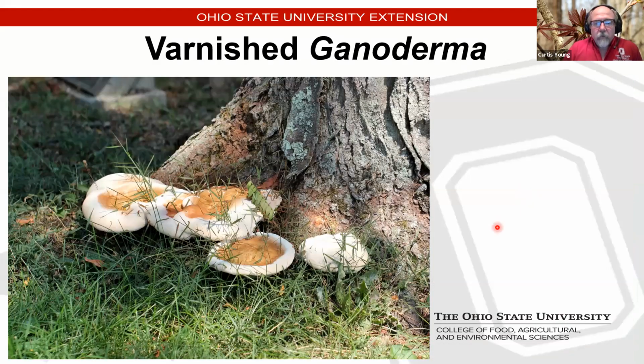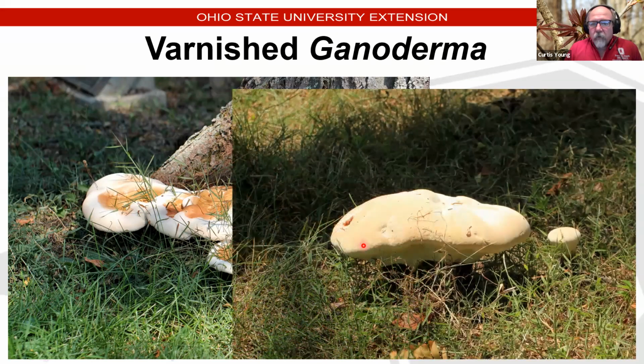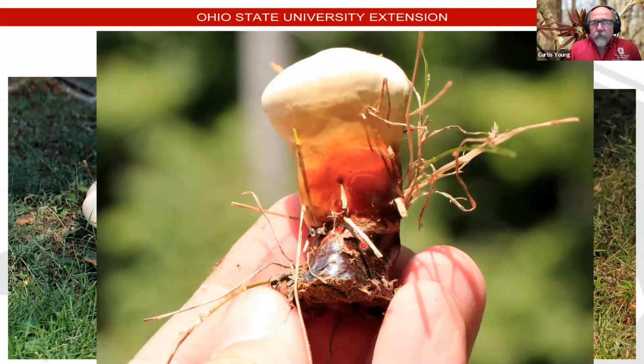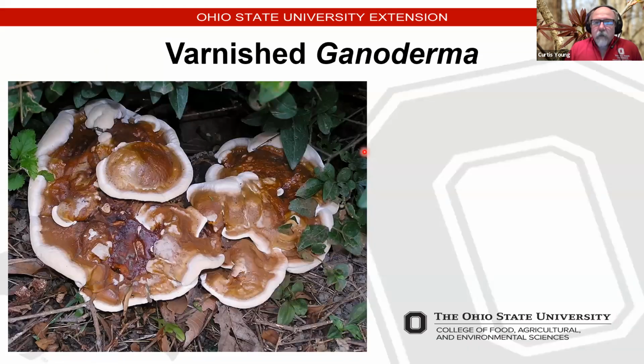The other one, you can see very large specimens around the trunk of this particular honey locust tree. Kind of almost looks like muffins growing out of the soil. It does distinctly have a varnished stem on these. And this is another example of Ganoderma curtisii.